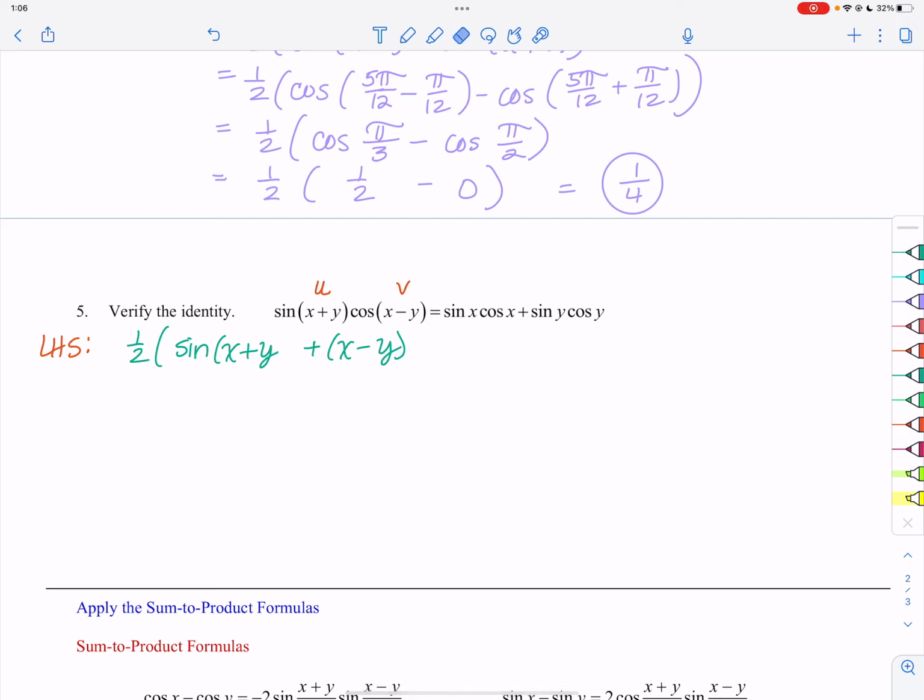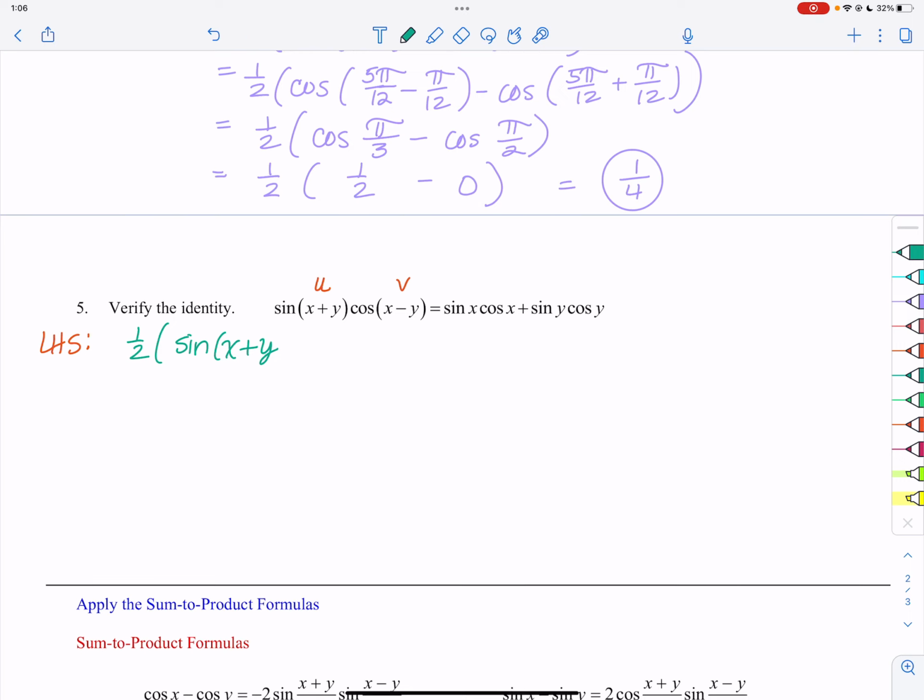So let me just move this over. The sine of x plus y plus x minus y plus the sine of x plus y minus x minus y.